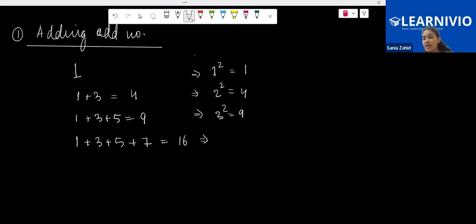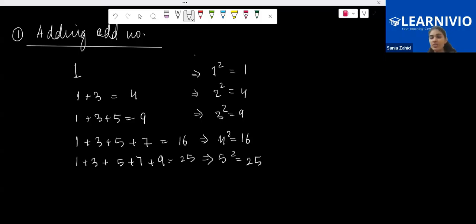And 16 can be expressed as the square of what number? 4. So 4 square is 16. Similarly, the next odd number is 9. So 1 plus 3 plus 5 plus 7 plus 9. Basically when I add 9 to 16, I get 25. And 25 can be expressed as the square of what number? 5. 5 square equals 25.